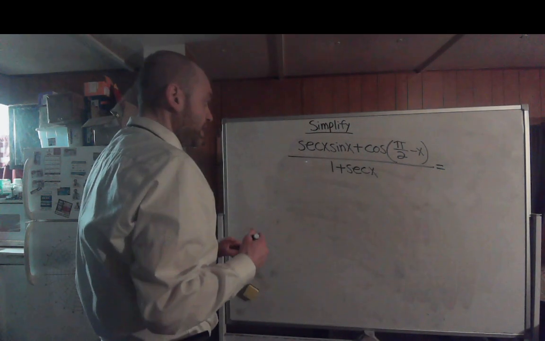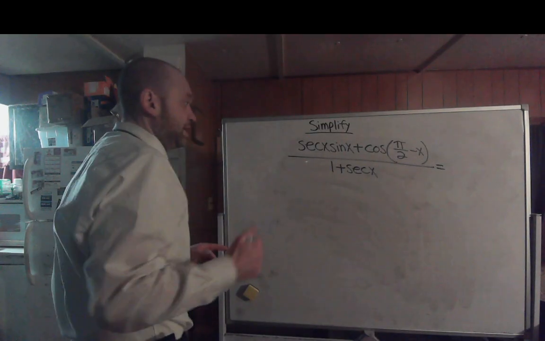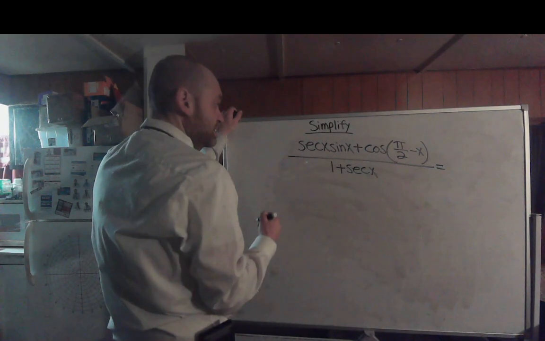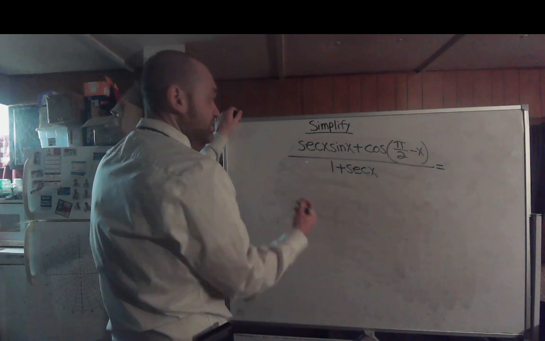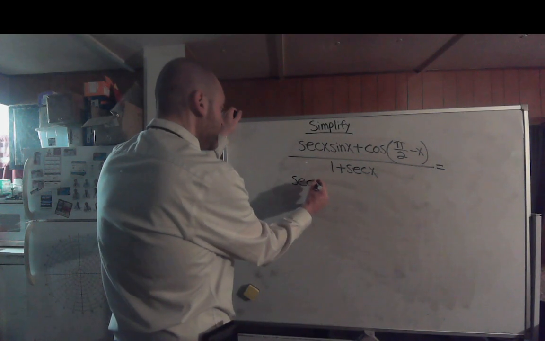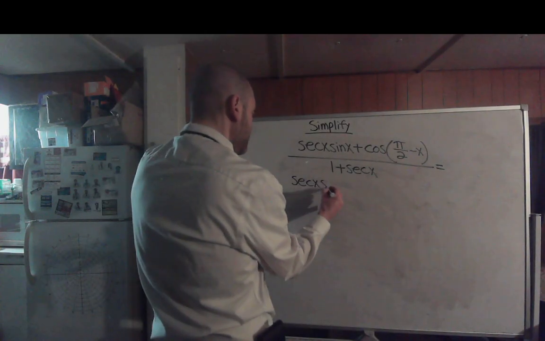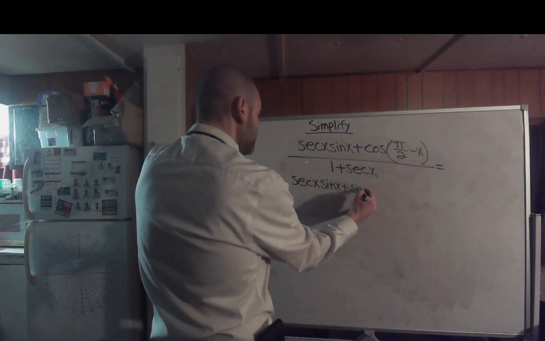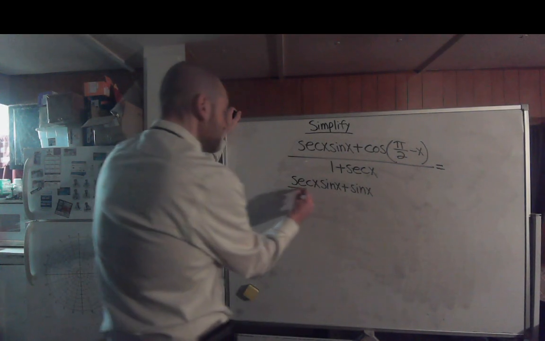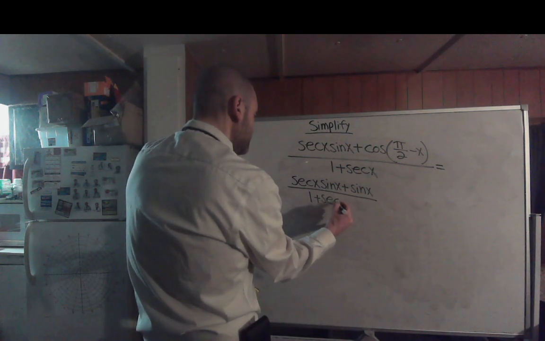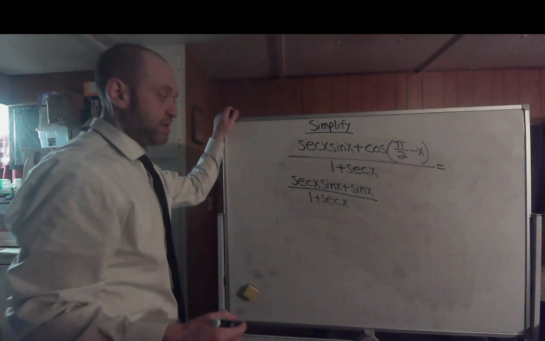Well, what is the cosine of pi over 2 minus x? That actually becomes the sine of x, right? So the numerator would turn into the secant of x sine of x plus the sine of x, all over 1 plus the secant of x. Well, what do we notice about the numerator?